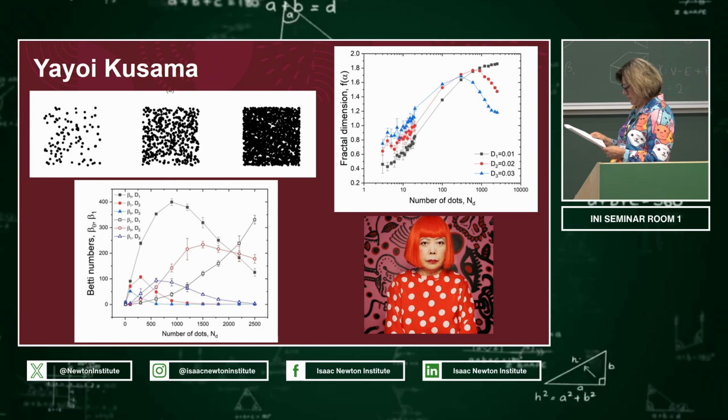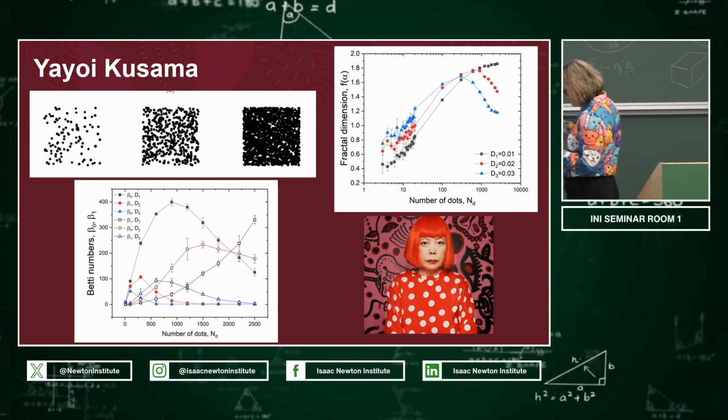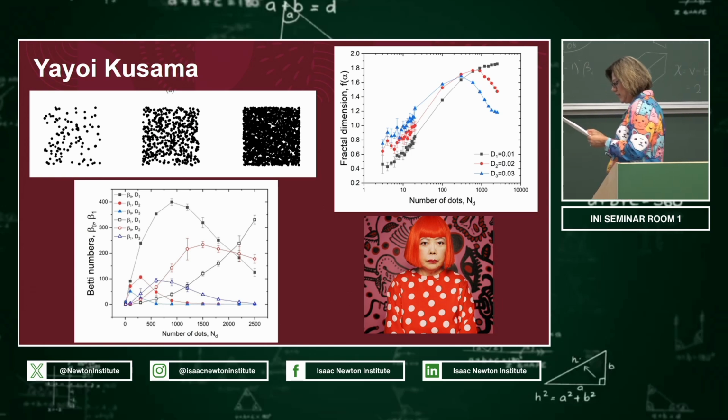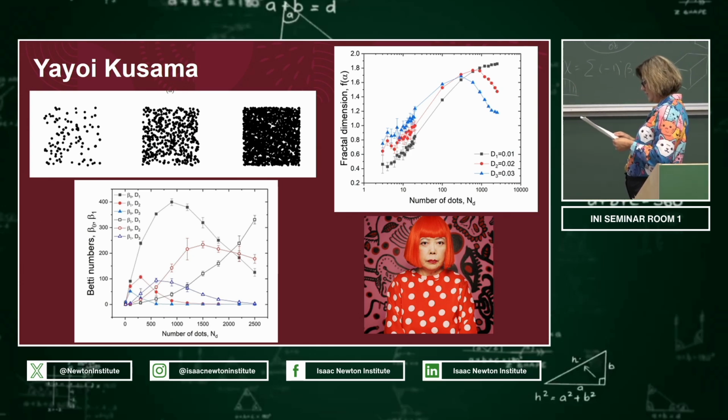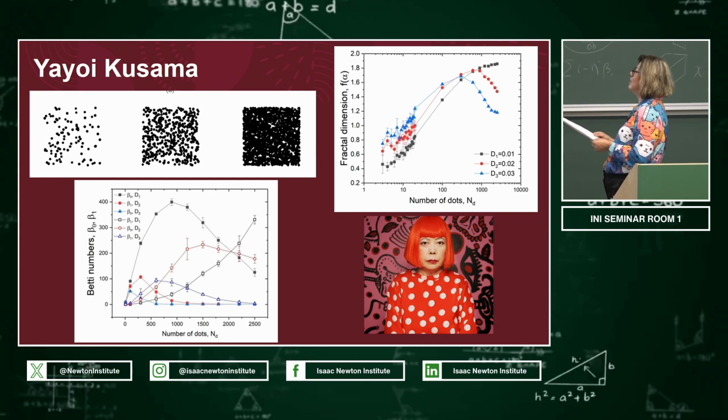When we calculate the Betti numbers, we observe that connectivity behaves linearly with the number of dots, and the maximum is reached quickly if the dots are large.